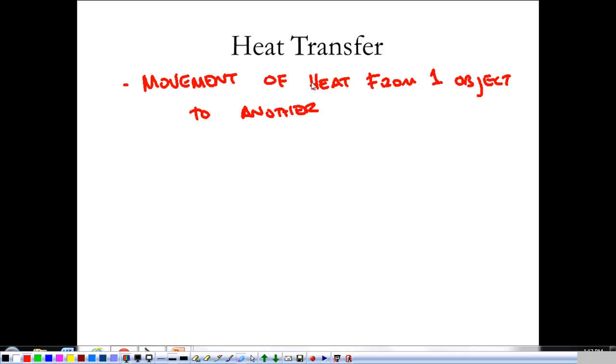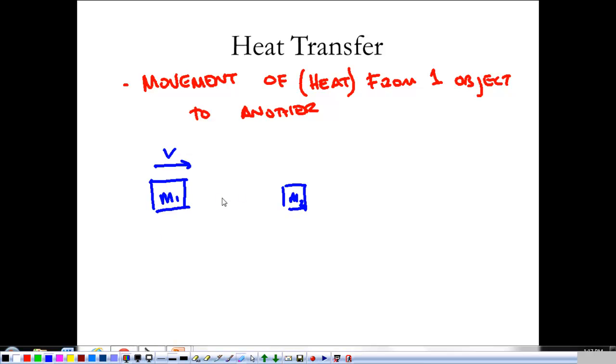Before we look at this, we look at heat as a type of energy. Now, if I had two objects, mass 1 and mass 2, and mass 1 had some kinetic energy. It was moving.